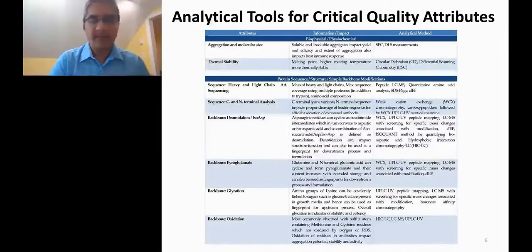So one example, again, is if you take glycation or deamidation, they're very important signatures of cell culture. Glycation is a very important signature of cell culture medium, and it's a pretty good signature for process fingerprints. It can also be looked at from the standpoint of stability and downstream and the overall product quality.